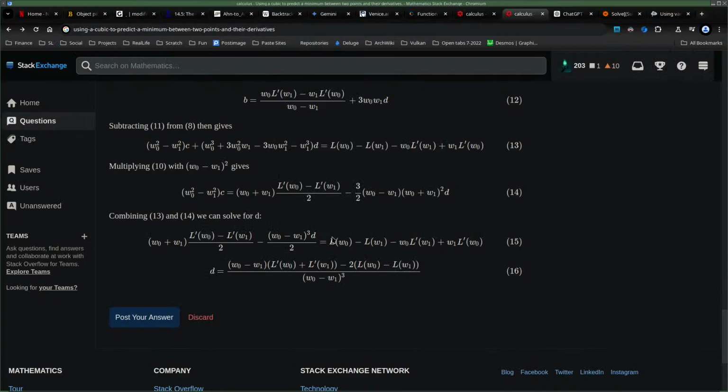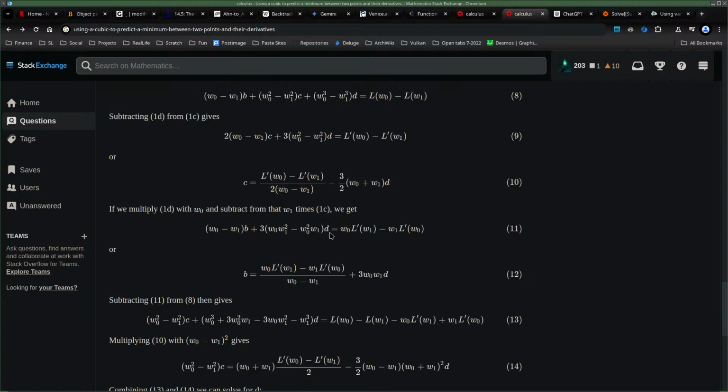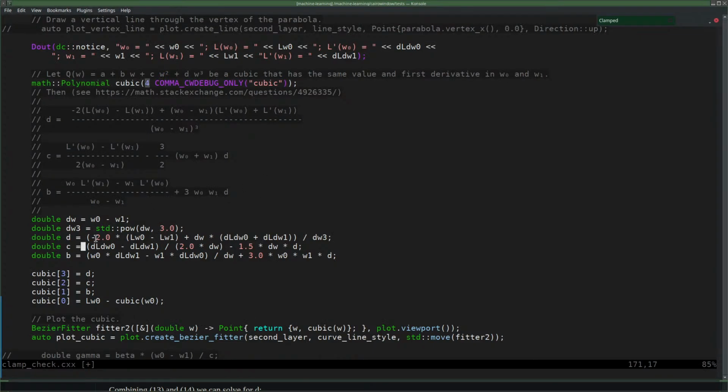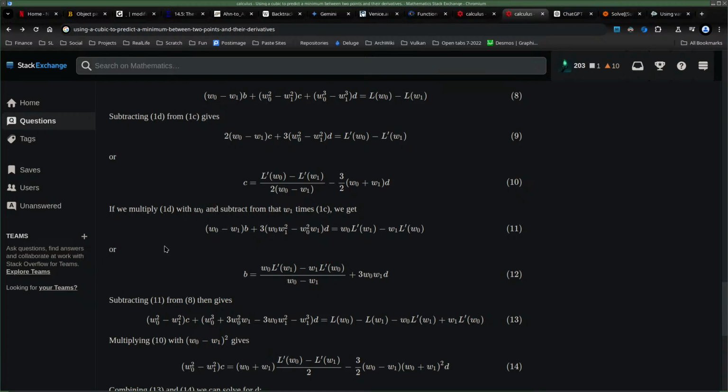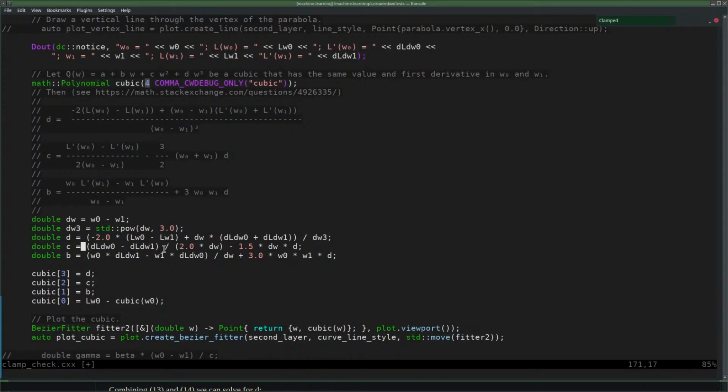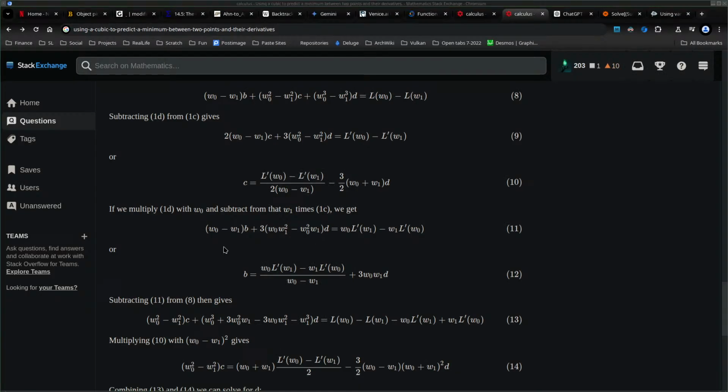And then C equals the difference between the derivatives divided by 2 times delta W. Minus 3 divided by 2 times... Oh, that is a bug.